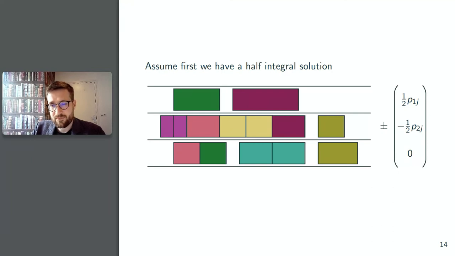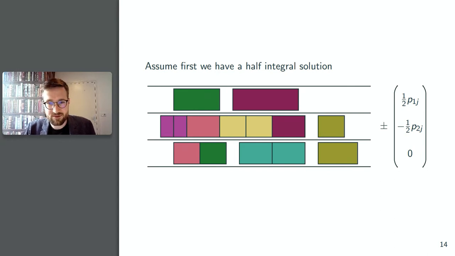So if you just look at rounding this particular job, and you look at how the loads on these machines change, then the option is really to either add this vector or subtract it.